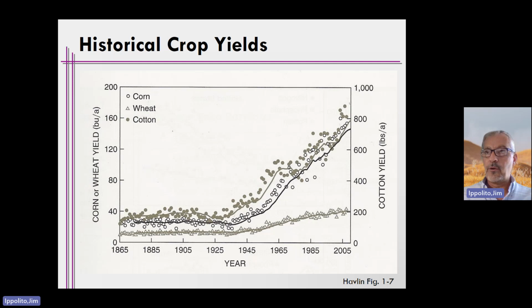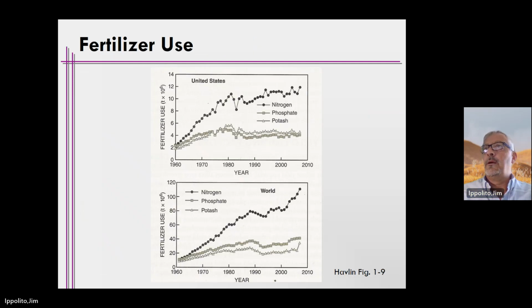So if you look at fertilizer use, there's two graphs here. The top graph is fertilizer use in the United States, and the bottom graph is fertilizer use worldwide. And we're looking at three of the major macronutrients: nitrogen, phosphate, and potash, which is potassium.